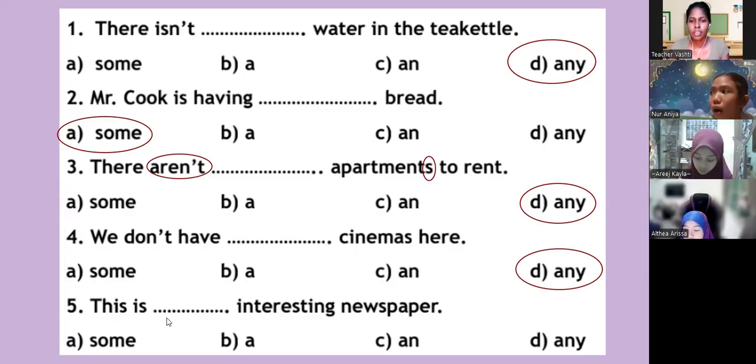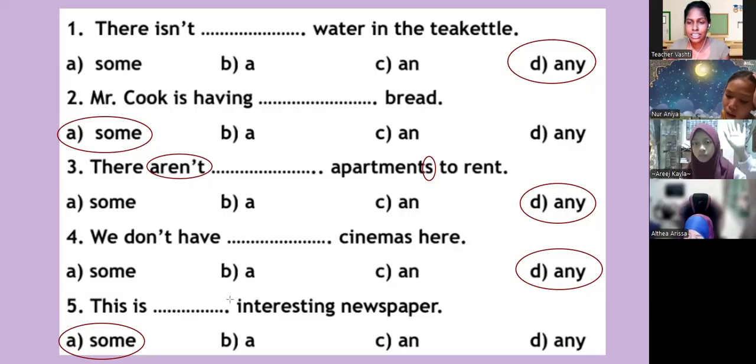This is any interesting newspaper. Are you sure? Some. This is some interesting newspaper. Are you sure? Some tu kita guna untuk satu ke banyak?